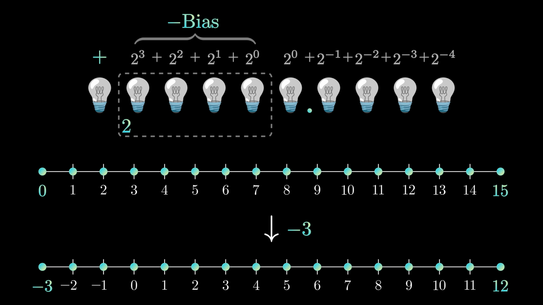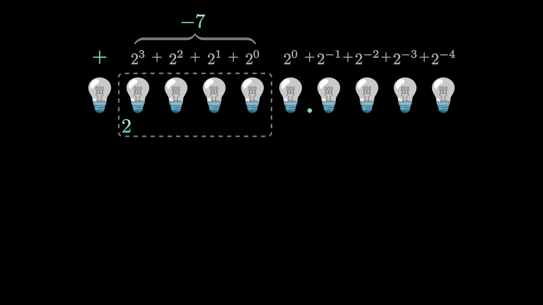Ideally, we should choose a bias that lets us represent just as many negative numbers as positive ones. Without the number 0, we could represent a total of 15 positive and negative numbers, which cannot be divided evenly in half. So let's choose a bias of 7, which allows us to represent 8 positive and 7 negative numbers.